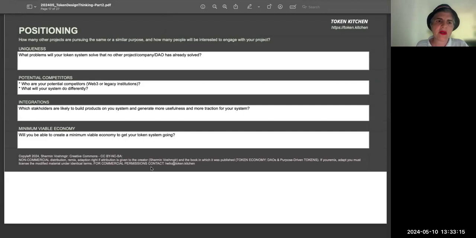And last but not least, how can you make sure to create a minimum viable economy through partnerships, based on the fact that you're doing something unique? Then you need to think about a marketing strategy to make people aware of who you are and what you're doing, maybe do some airdrops to create some economic traction in the beginning, et cetera. But these are technical details.